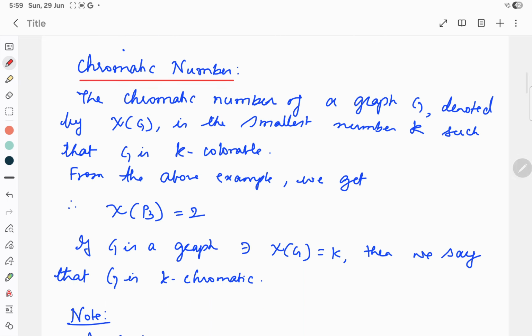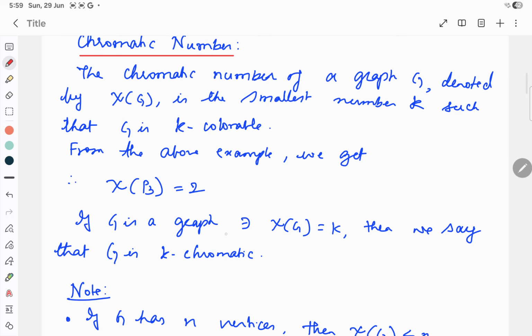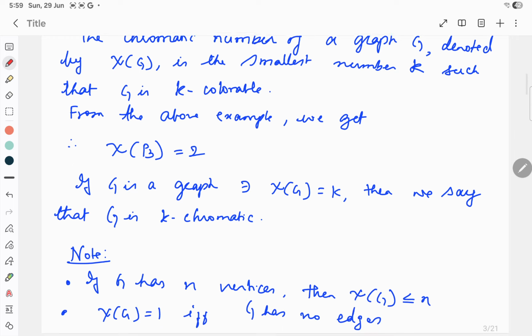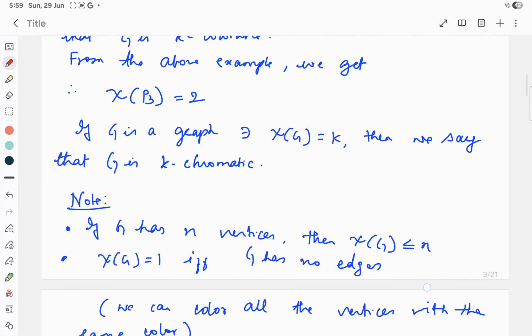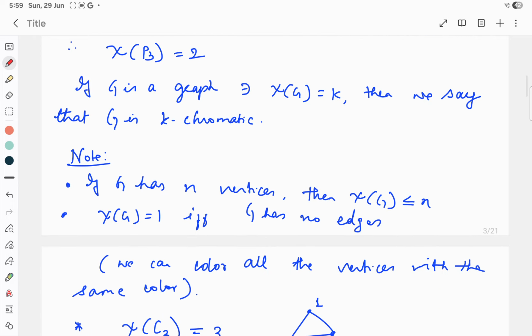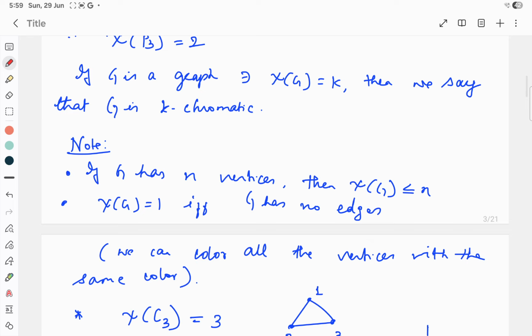Now if graph G is such that the chromatic number of G is k, then we say that G is k chromatic. So here P3 is 2 chromatic. Now let us note down a few points. If G has n vertices, then the chromatic number of G should be less than or equal to n.